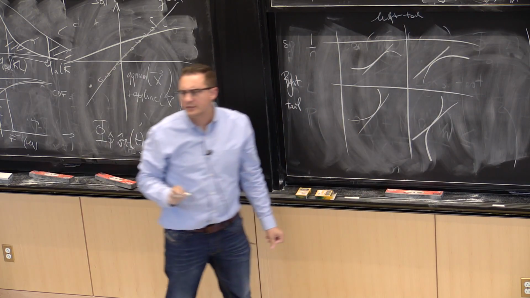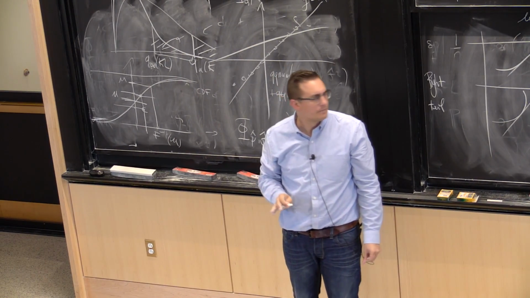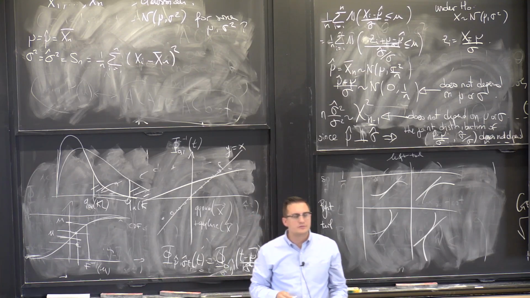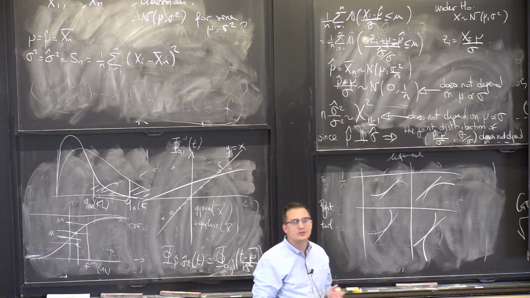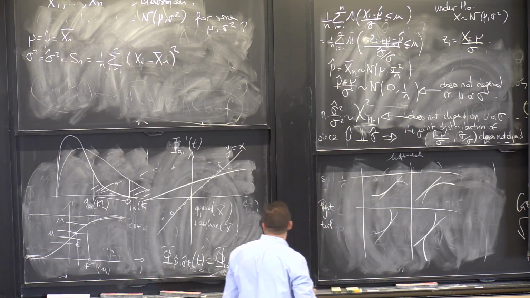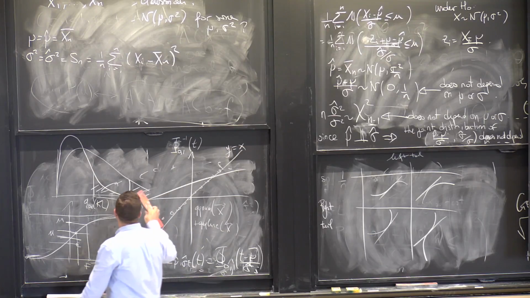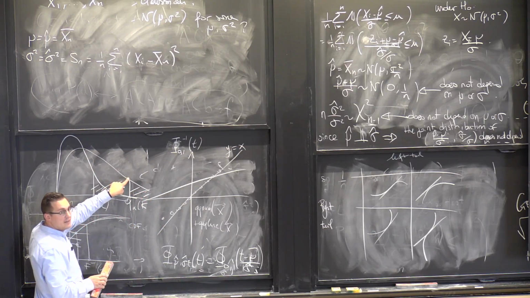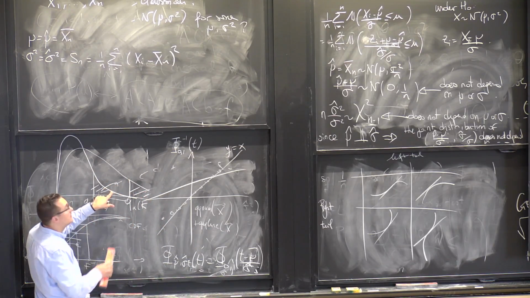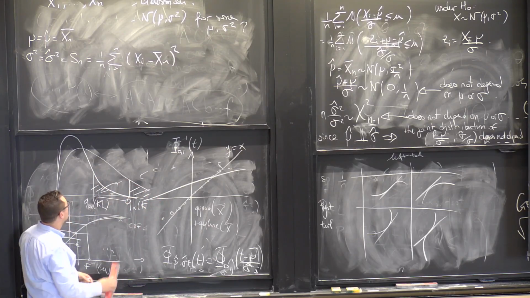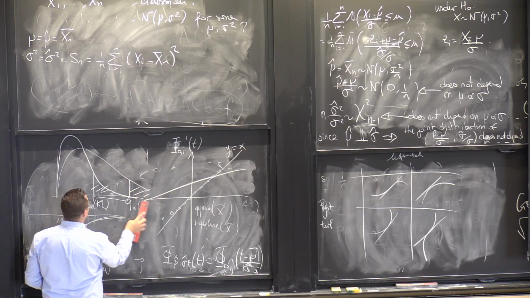Everybody understands what I mean when I talk about tails? Here it's just a question of whether the tails are heavier or lighter than the Gaussian. Everybody understand what I mean by heavy tails and light tails? Heavy tails means that the tails of this guy are heavier than the tails of this guy, so if I draw them, they're going to be above. Let me keep this picture because it's going to be very useful.